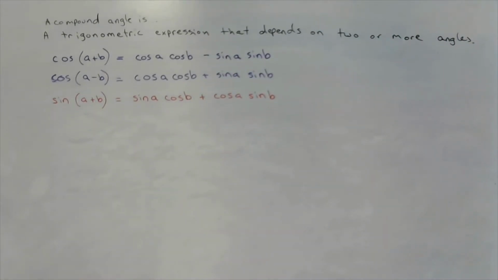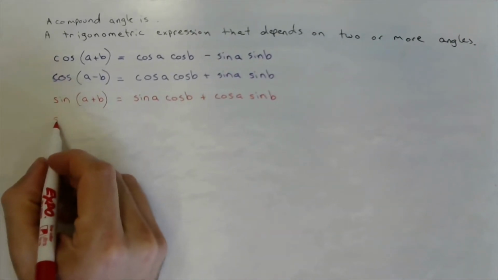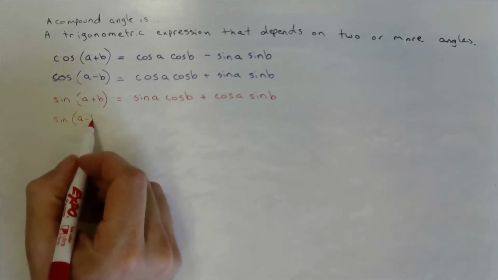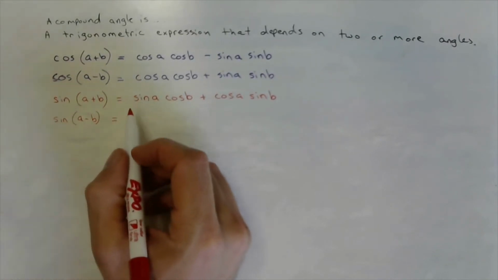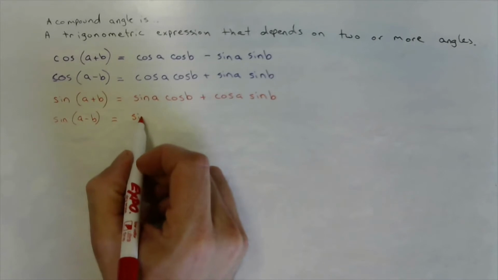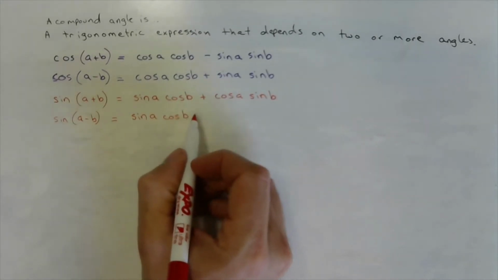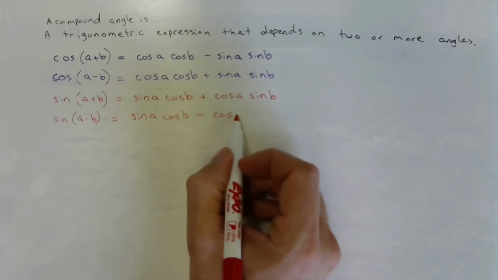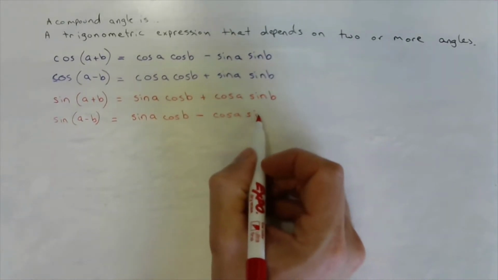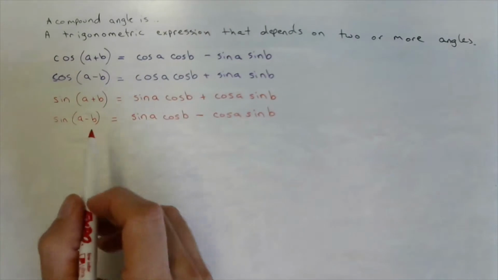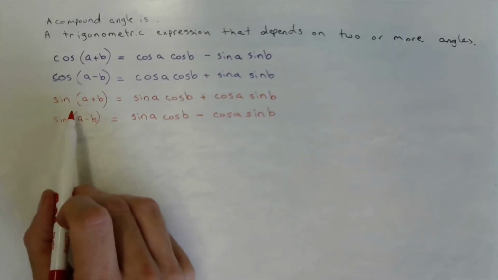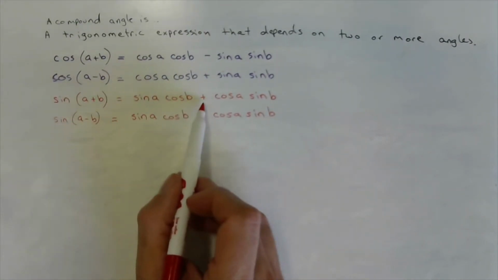Okay, and a subtraction formula for sine. Sine of A minus B equals the sine of A times the cosine of B minus the cosine of A times the sine of B. Okay, so the sine formula for addition has addition in the middle.